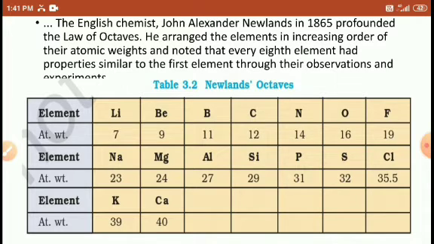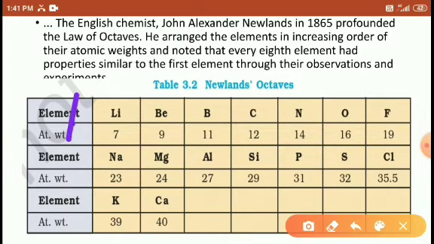Look at this, students. If helium is the first element and the respective eighth element is fluorine, and helium's atomic number is 2, so its atomic mass is 4. If helium is arranged here before lithium, then what happened?